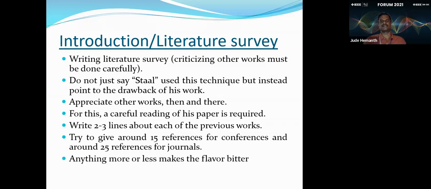Anything more or less may not look good. Small work will be there, but you will have 50 references, 40 references, just to make sure you get 10 pages in length. Absolutely wrong. Your paper will not get accepted.